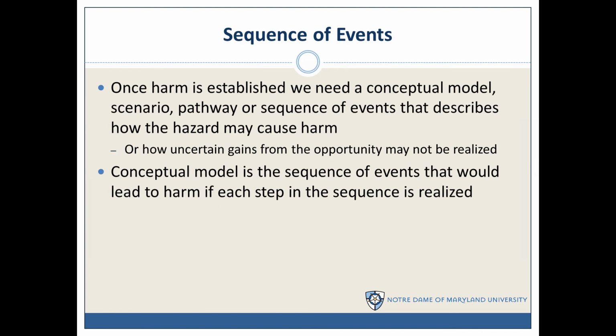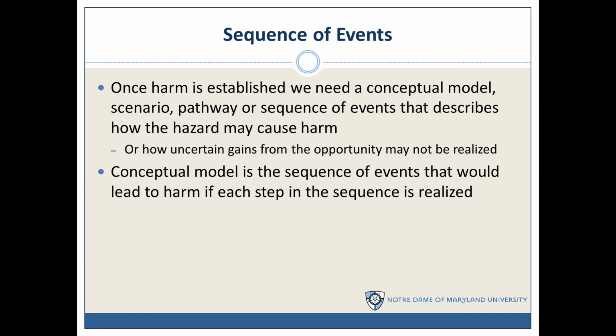Once we've identified the harm, then it's important to specify the sequence of events that's necessary for this harm to occur. So once you've established what the harm is, we need a conceptual model, or a scenario, or a pathway, or a sequence of events.